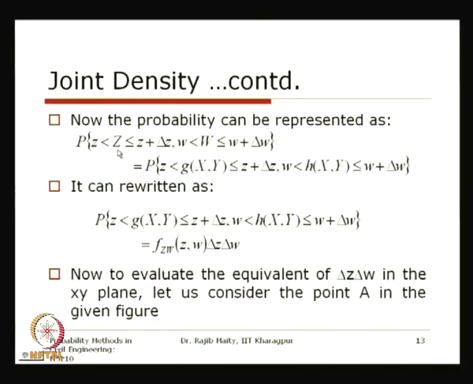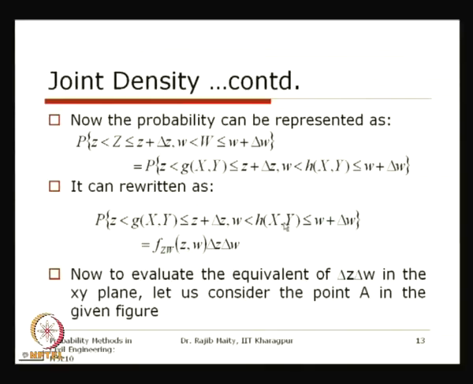So the random variable Z is between z and z plus delta z, and the simultaneous occurrence of W between w and w plus delta w, which can also be written by replacing Z with the function g and W with the function h.